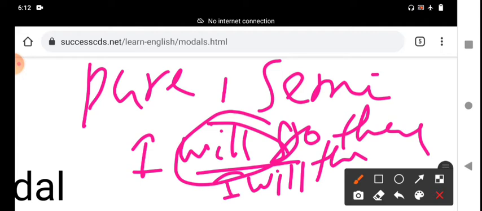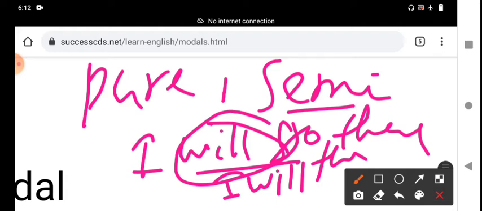I will explain the difference between pure modal verbs and semimodal verbs. Pure modal verbs are never used alone and are always followed by a principal verb. And they provide additional information about the principal verb.